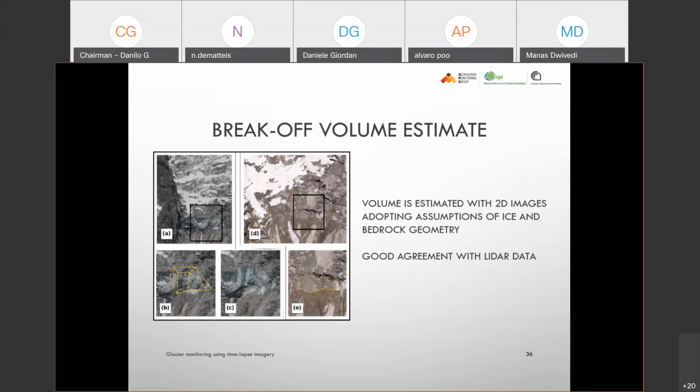Therefore, the uncertainty of this kind of estimation is quite large, but the accuracy is high. And this approach can be used also in different contexts.